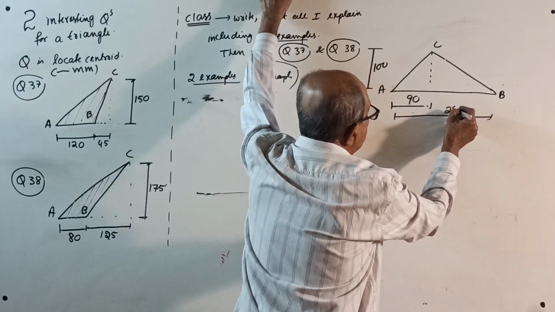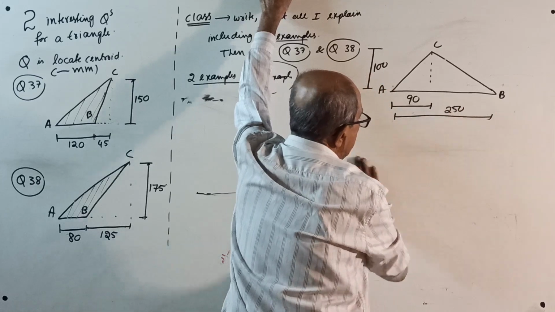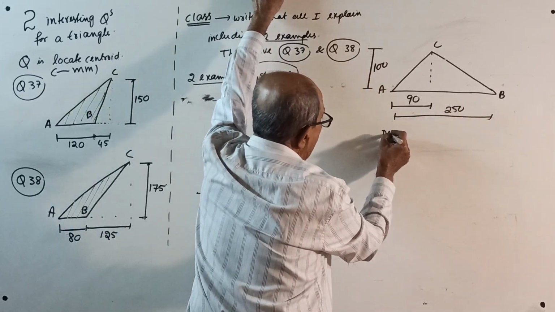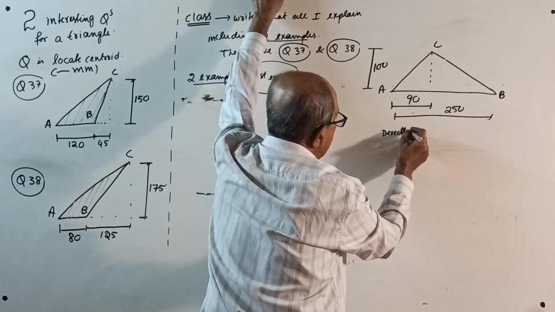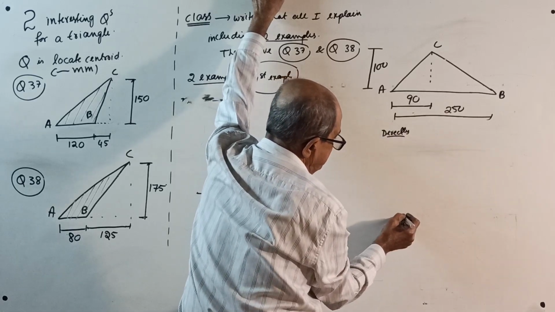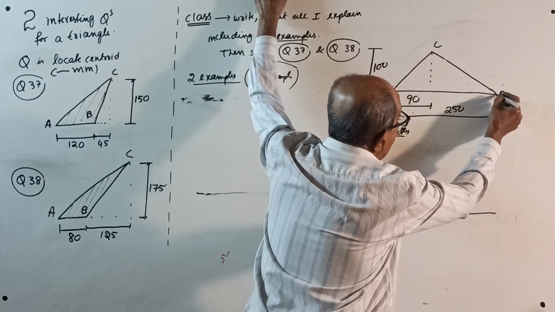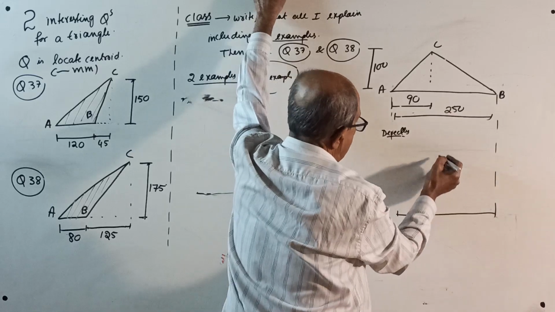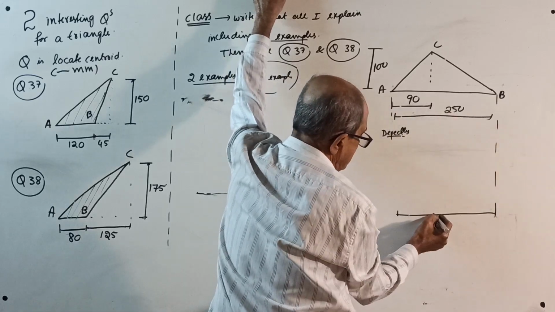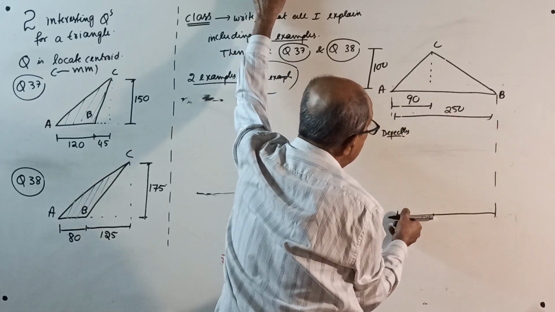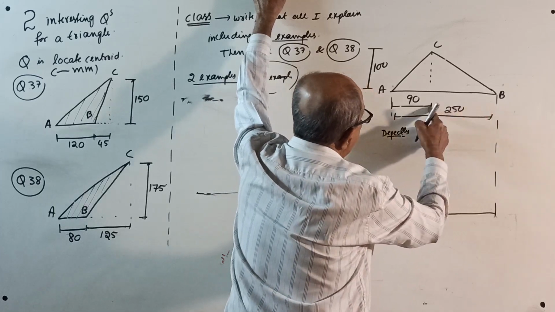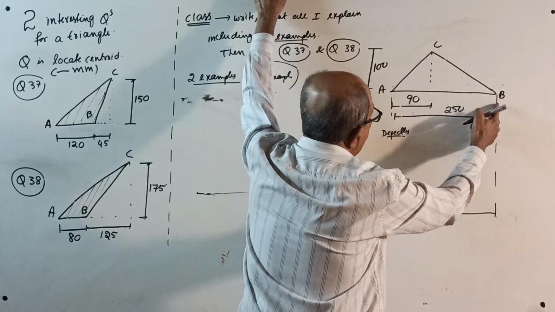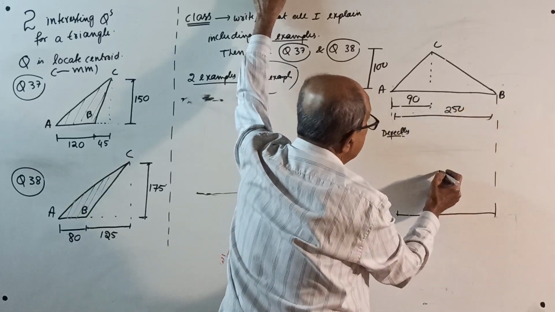I told you today's class, whatever I give, it is in millimeter. See, right here, directly, 90. This is 90, means 140. Okay, reasonably okay. 140. Height is 100.